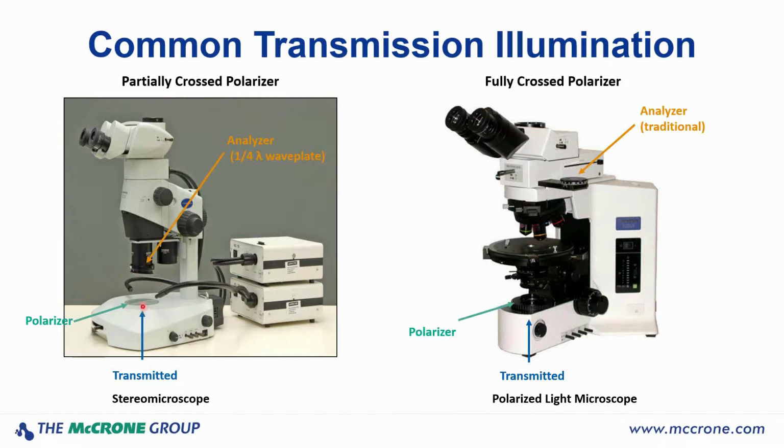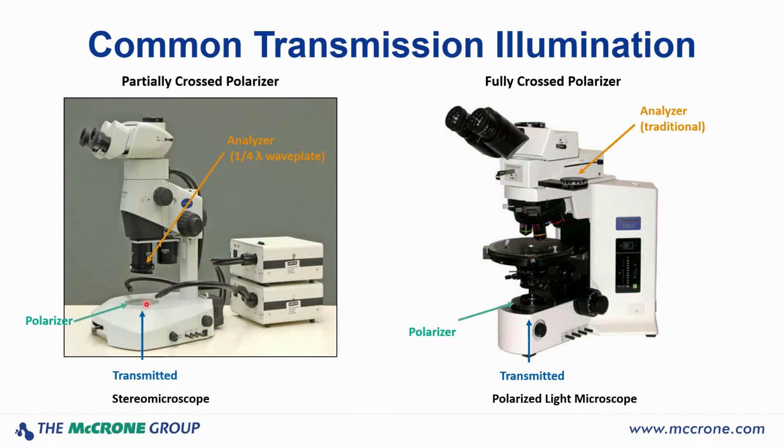Now when you look at your sample, you can get a partially cross-polarized illumination system so that you can still see birefringence, some different lighting effects on those particles. Let's say you're looking at a soil sample and you're trying to find glass.